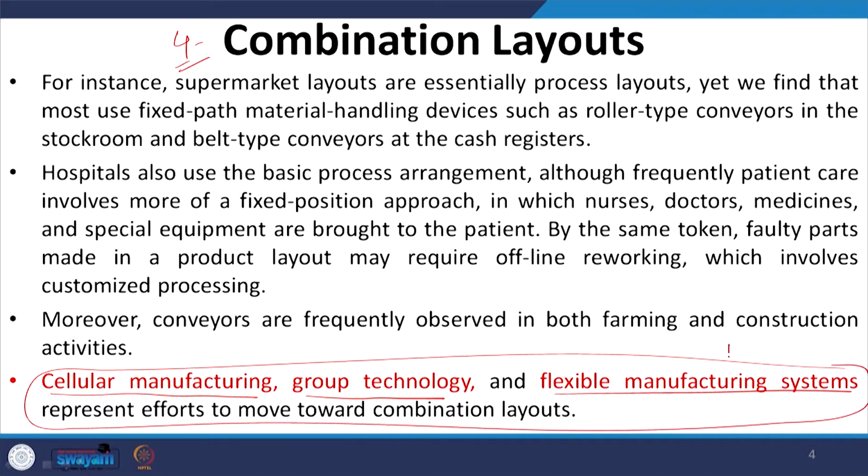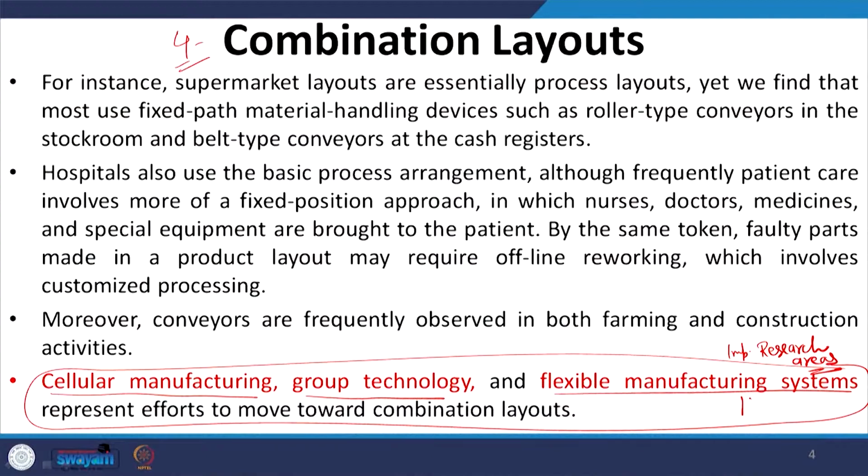These are very important research areas also. Nowadays, advanced research in facility layouts is happening with respect to cellular manufacturing, group technology, and flexible manufacturing systems. Whether you have appropriate decision rules for all these types of systems, there are important terms like part families, and how to design a particular part family.